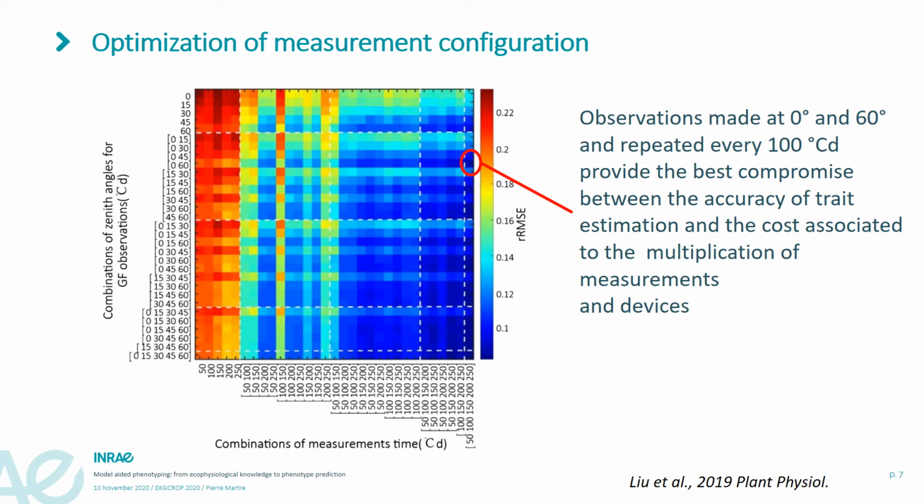Therefore, we developed a simulation protocol to evaluate a large number of combinations of sensor configuration and measurement return time, and we found that the best compromise between the accuracy of trait estimation and the cost associated with the multiplication of measurements and devices is when measurements are made at 0 and 60% from the vertical and repeated every 100 degree days.